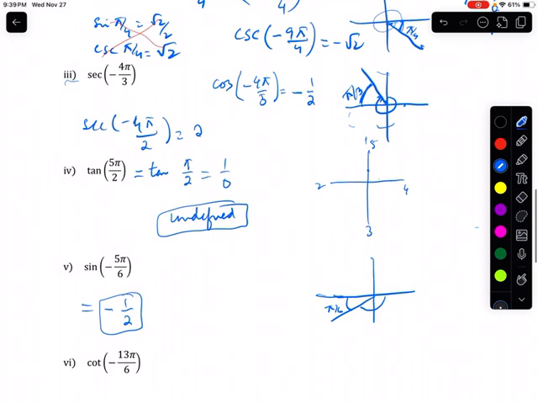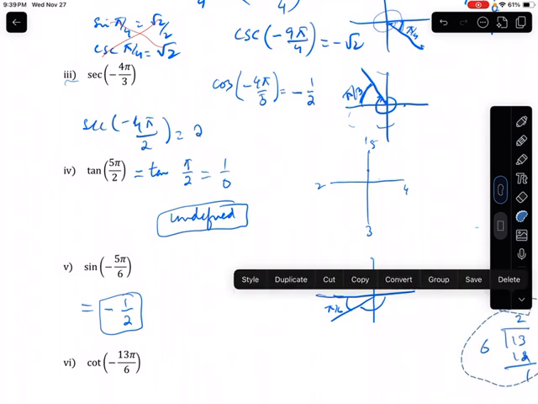Next one, I think this is the last one. So cotangent of negative 13 pi over 6. If you divide 13 by 6, 6 twos are 12, 1 left. We don't have to write it, we just need to draw it and put it in the right place.